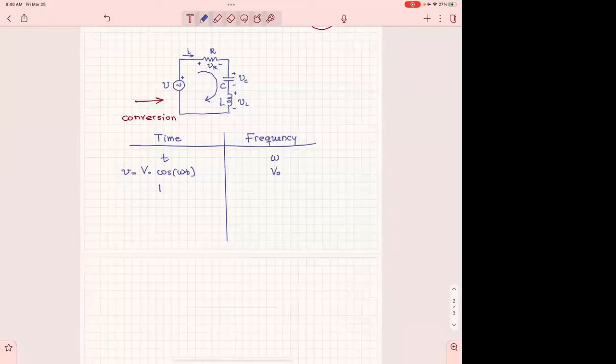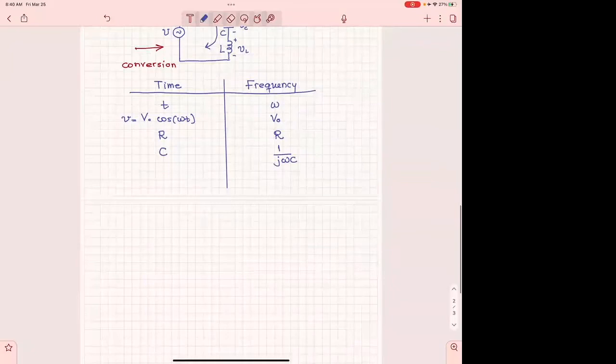When we have R, in the frequency domain it is going to be also R. When we have C, in the frequency domain it is going to be 1 over j omega C, and it is going to be equivalent to resistive units. L is going to be j omega L, where omega is in 1 over seconds.